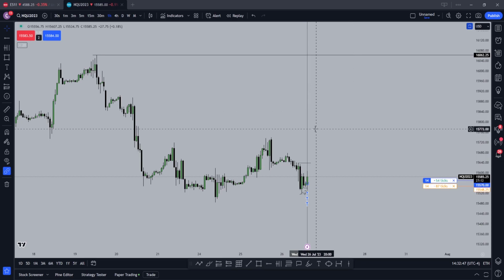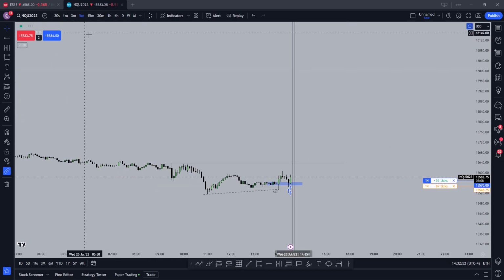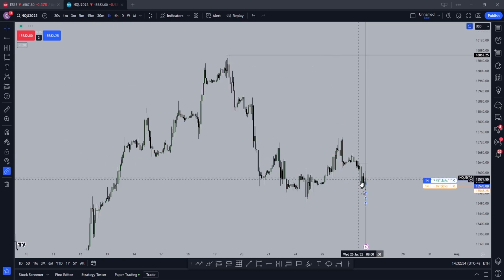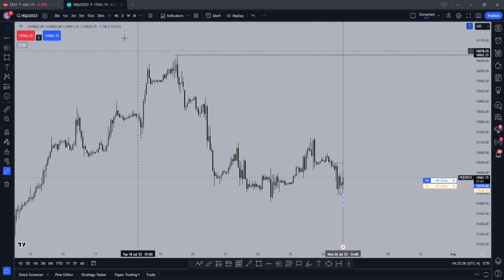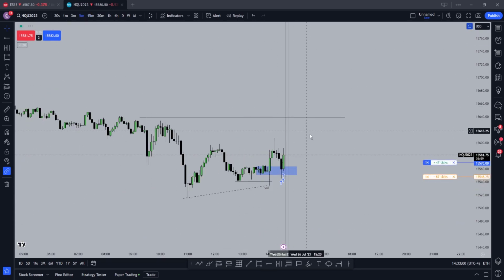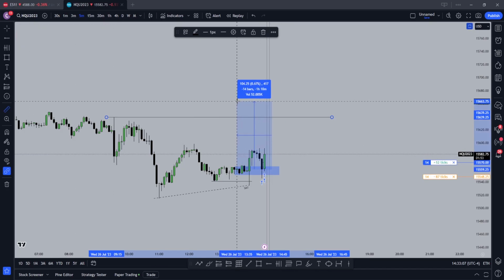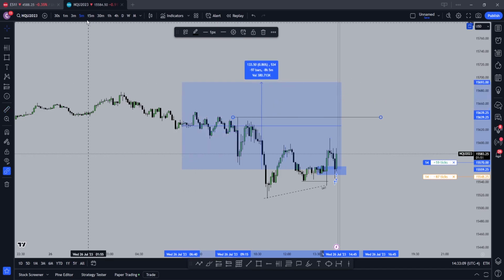So within this week or next week, we should be reaching that. That's the overall target. But for today, I will be taking majority profit or some profits at this high, so around the 100 points I'll be taking profit.